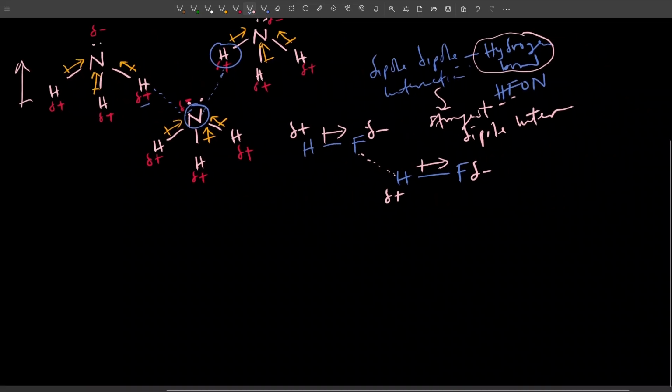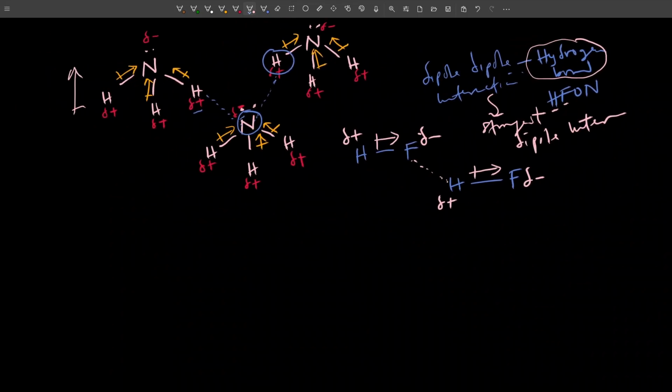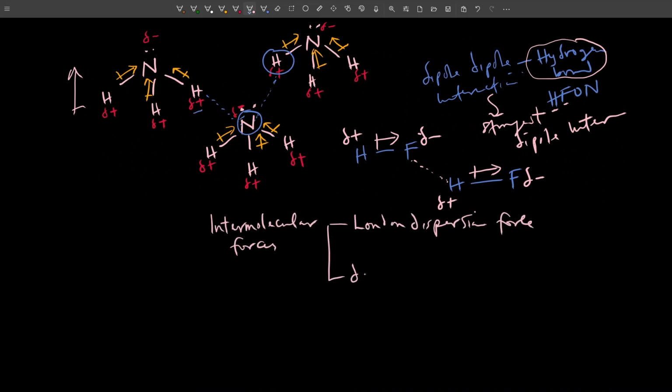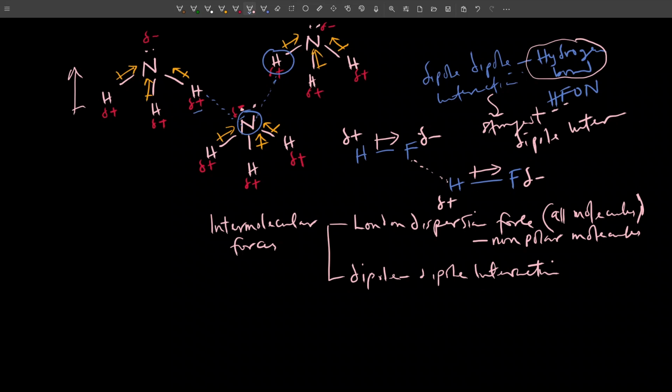Just to recap, there are two types of intermolecular forces. We have London dispersion force and we have dipole-dipole interaction. LDF is found in all molecules but peculiar to non-polar molecules, which means that we can find LDF in polar molecules but they are peculiar to just non-polar.